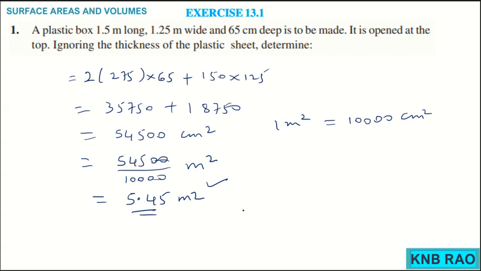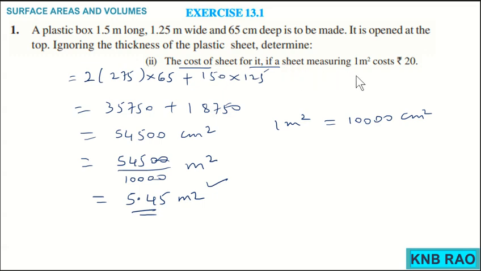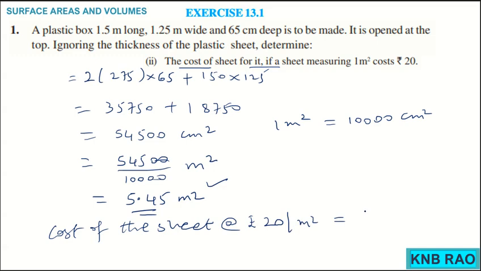Now we will go for one more question. Here the other question is, find the cost of the sheet for it, if the sheet measuring 1 meter square costs 20 rupees. That means the cost of the sheet at the rate of rupees 20 per meter square: for 5.45 meter square we need to multiply by 20 rupees.